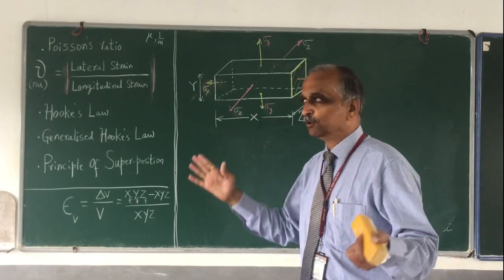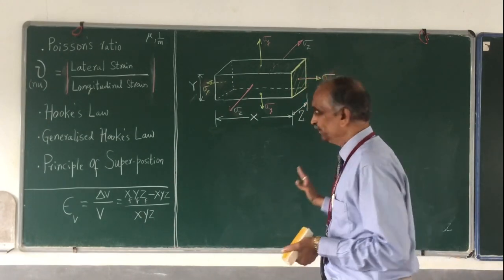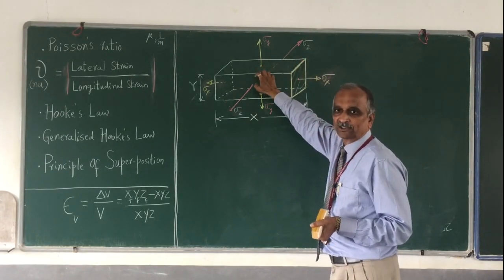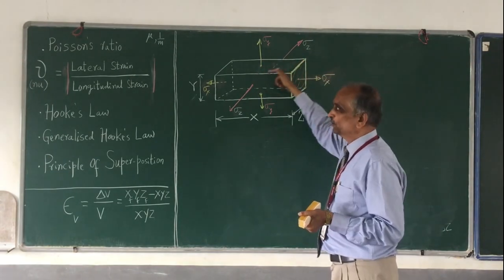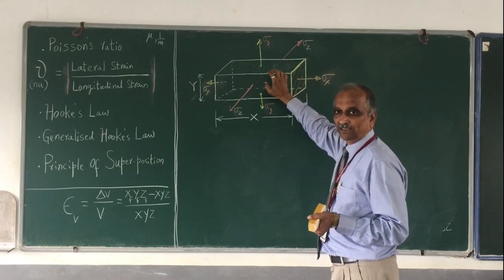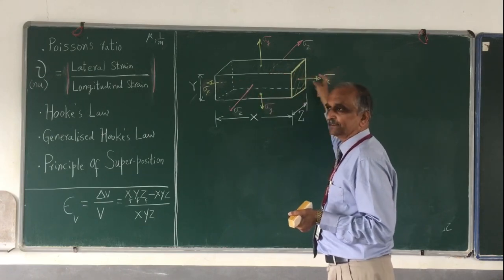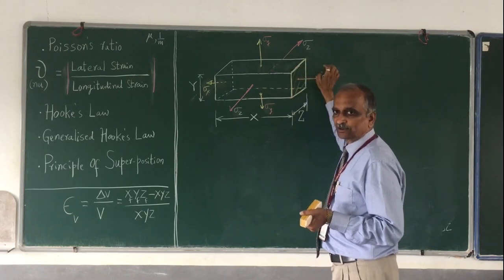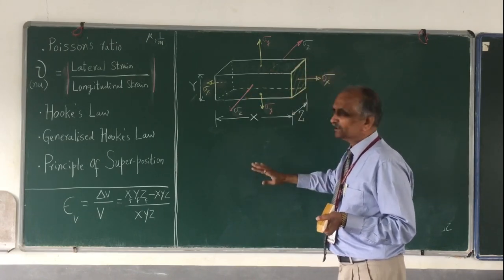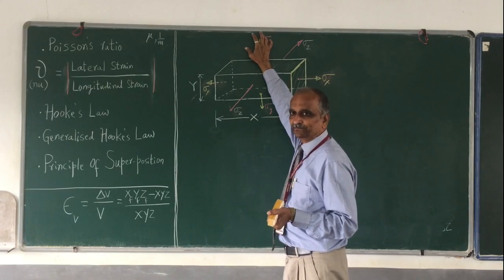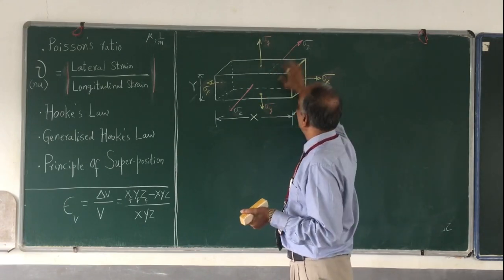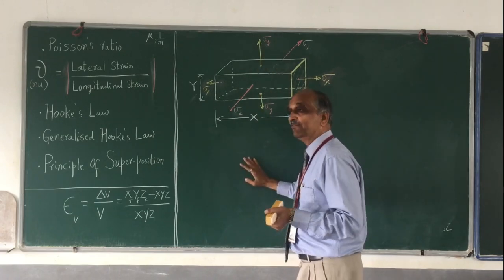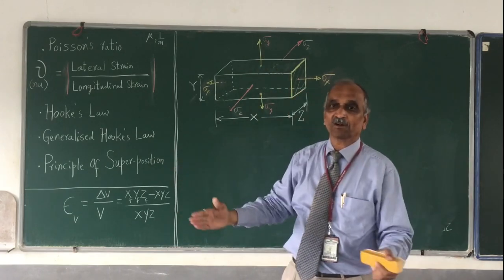How do I apply it? I find the strains in all three directions due to sigma x only: the strain along the x axis, along the y axis and along the z axis. Similarly, I take only sigma y, and then only sigma z, and find the strains in all three directions.